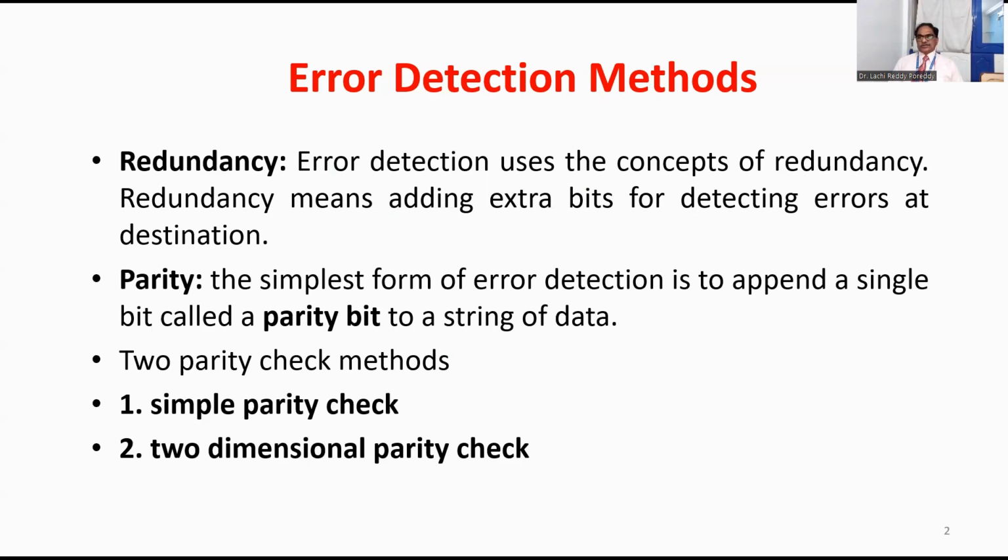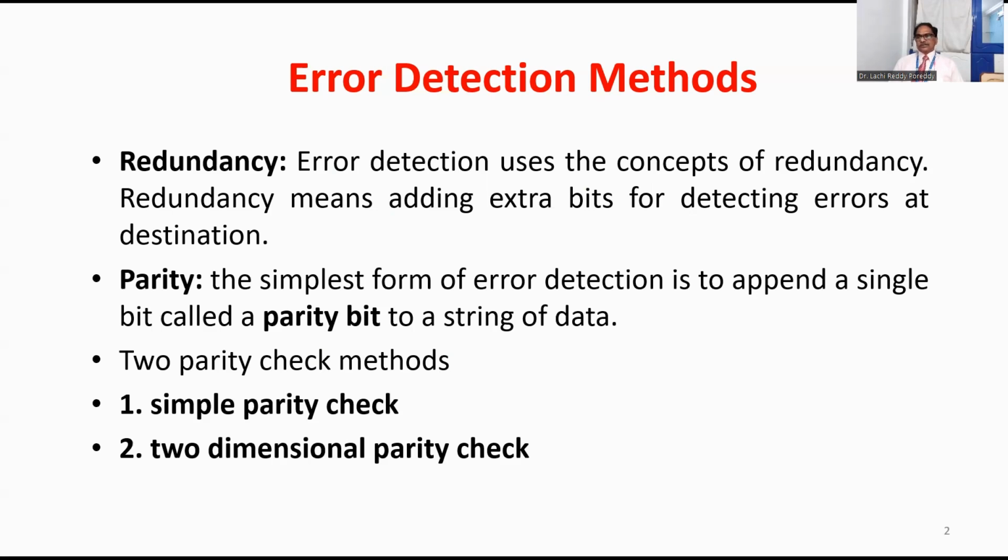If you are using the even parity mechanism, the number of ones in the message, including the parity bit, is even. So if the number of ones in the transmitted information, that is the original message plus redundant bits together, is even, then it is called even parity.